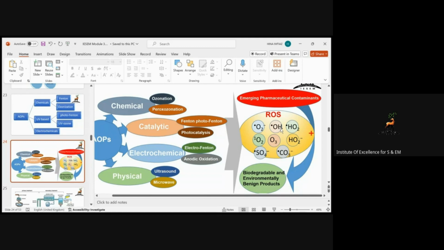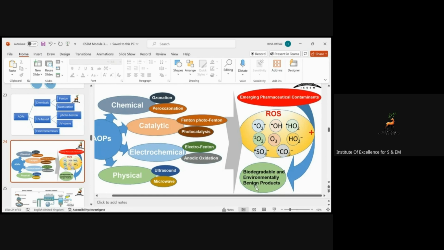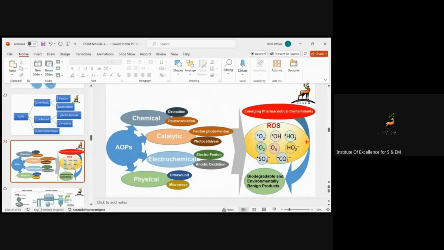These reactive oxygen species react upon the organic compound. Again, the products are biodegradable, short-lived, and environmentally benign. Environmentally benign means it does not move from one place to another, so it does not spread more environmental issues, so it is very environmentally friendly.